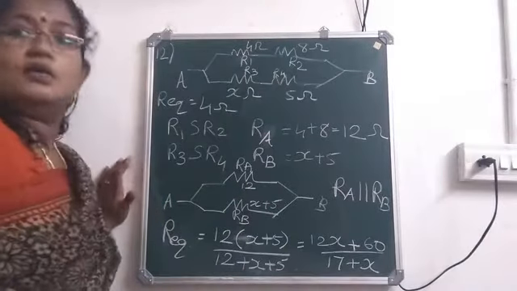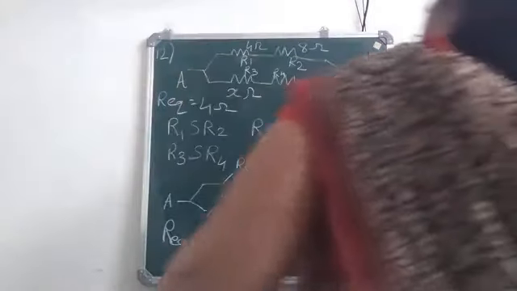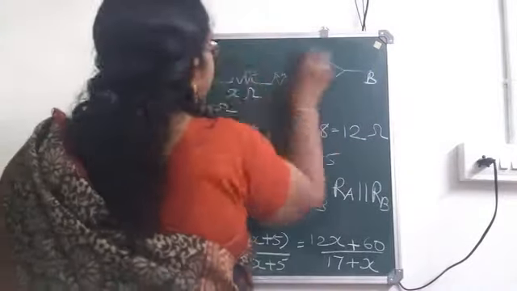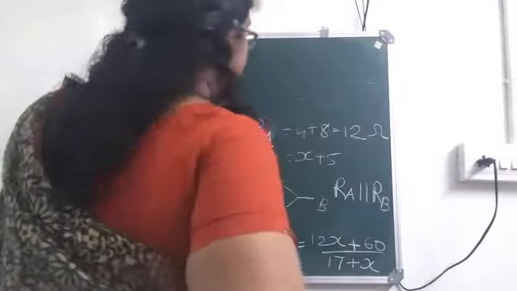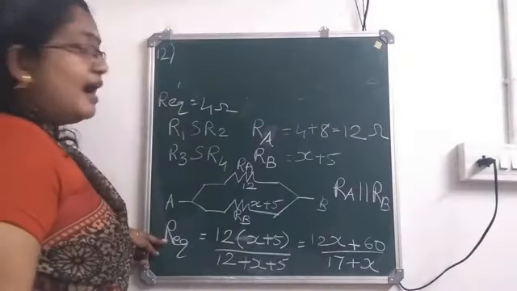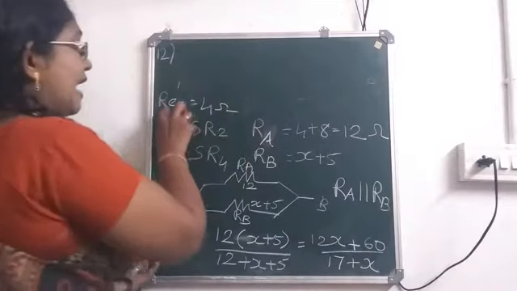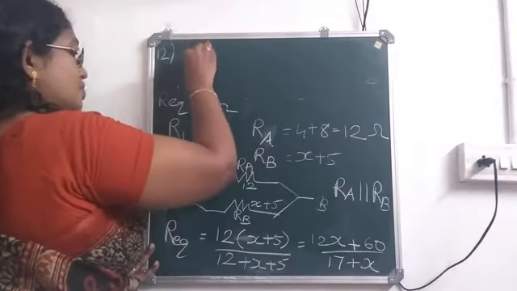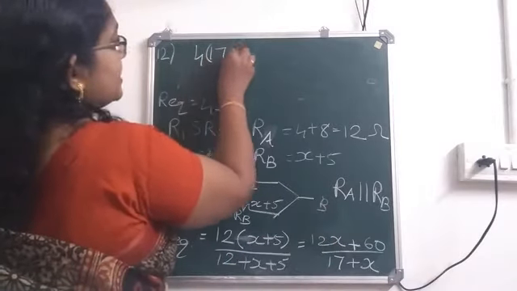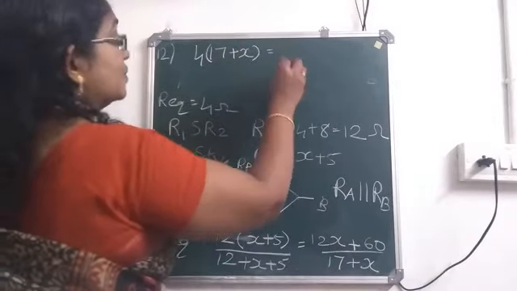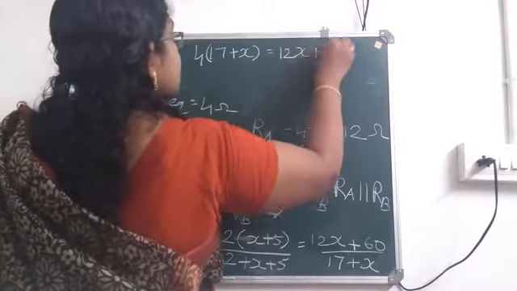Okay. Now I am going to wrap the top part. So R equivalent is already given. R equivalent, how much is given there? R equivalent is 4 ohm. So 4 into 17 plus X is equal to 12X plus 60, I am just cross multiplying.